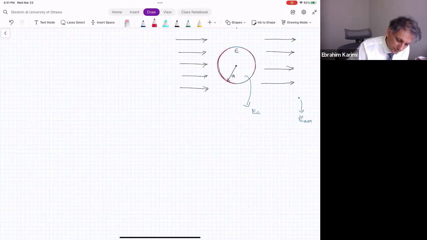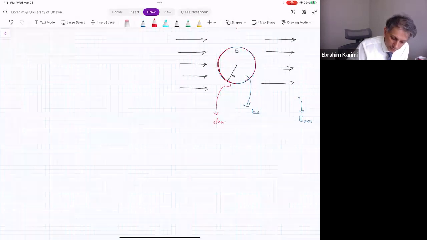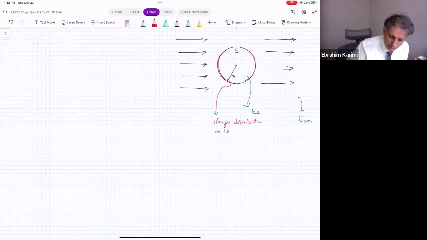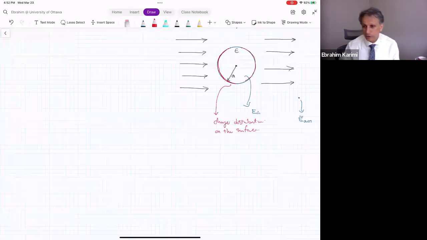Okay. What is the charge distribution on the surface? Clear question?